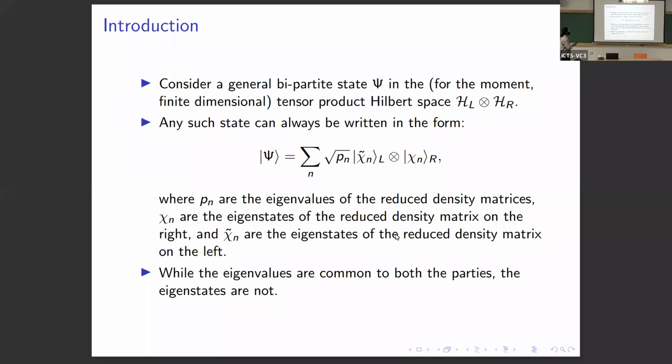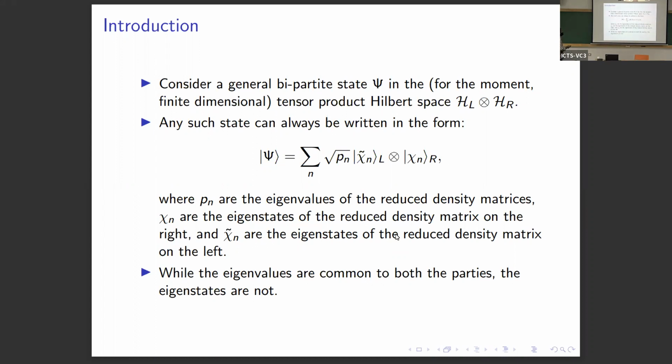So if I give you a general bipartite state psi, and for the moment we can think about the state psi as, when I say it's bipartite, I mean that it lives in a Hilbert space of this type, one factor of which I'm going to call left and the other I'm going to call right. And for the moment, we can think of these Hilbert spaces as being finite dimensional.